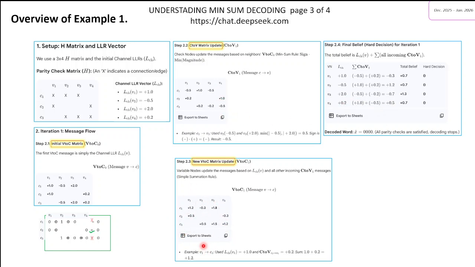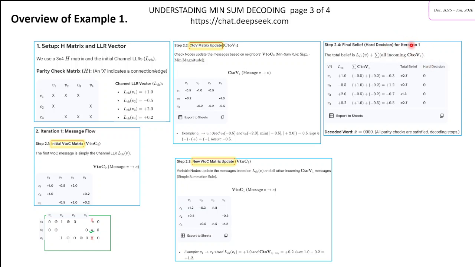So this has become the initial matrix for the second iteration, and based on the C2V matrix the final beliefs are calculated using the initial LLR value, summing up with whatever magnitudes we have in this column. These two are there, they are added, and then they are added to the initial LLRs to give the total belief. This is the total belief, and this is hard decoded to the final values. Now this is the estimate of the message received in the first iteration.